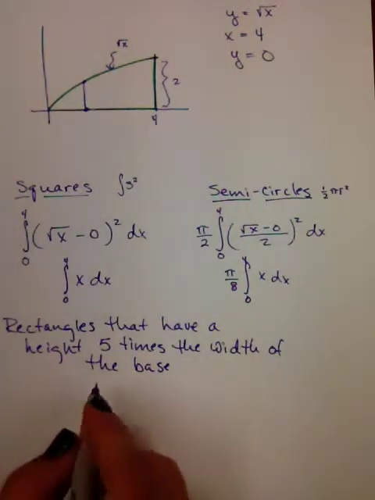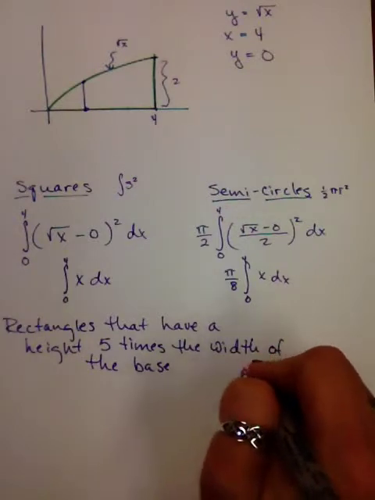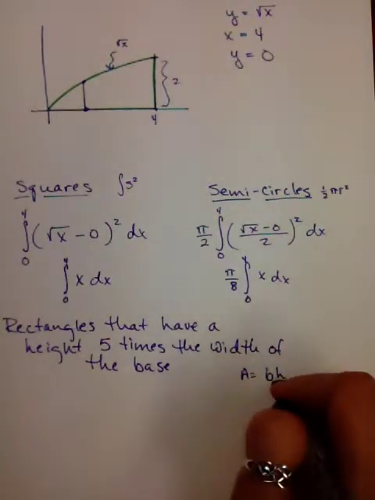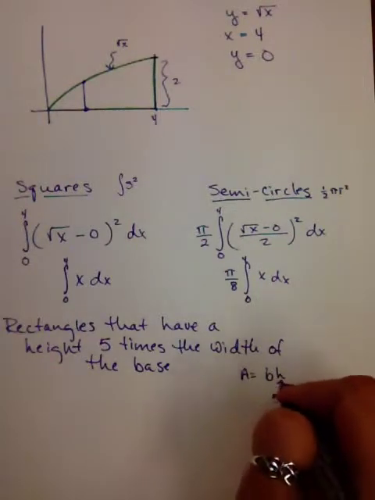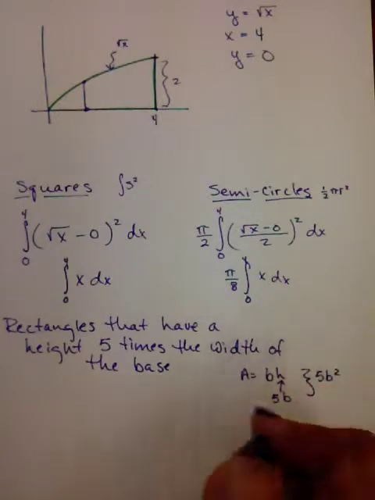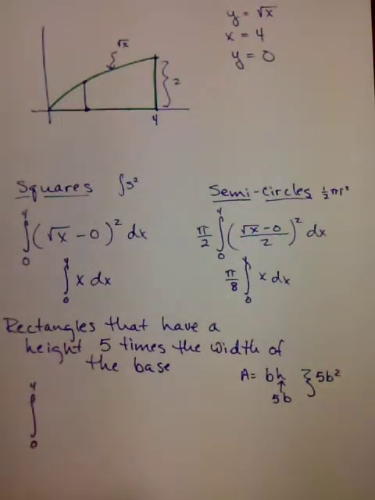If it was a rectangle that has a height 5 times the width of the base, I know that area equals base times height. The height is 5 times the length of the base, so this comes out to 5b squared. So for this one, I'll integrate from 0 to 4. The 5 would be outside the integral.